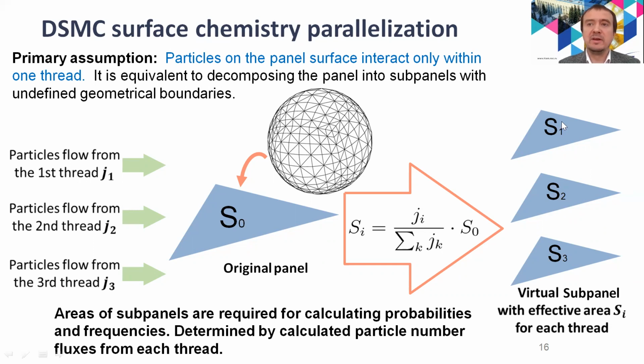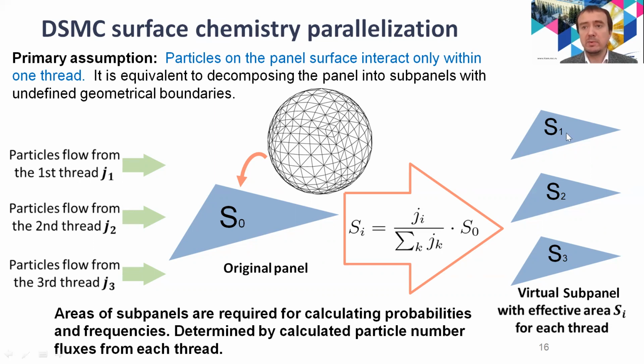This is why we use such a concept as virtual subpanels. The only thing which we need to define is the area of this subpanel, and the number of active sites on this subpanel is proportional to this area, and also the probabilities and frequencies of the processes that involve this area.